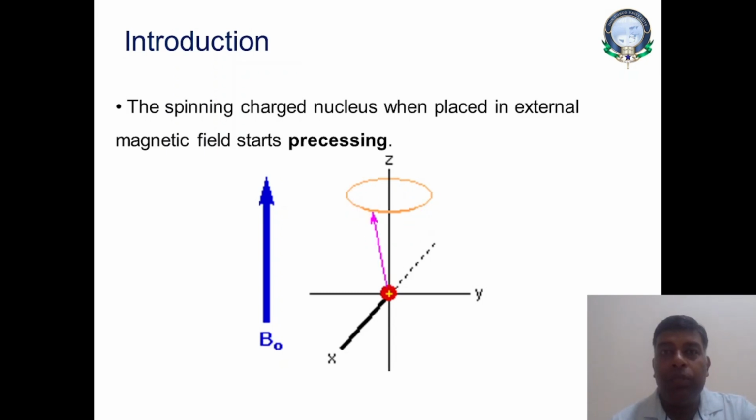When this nucleus, precessing in an external magnetic field, is irradiated with radio frequency waves, it absorbs the frequency equivalent to the frequency of its precession. When it absorbs that frequency, a transition occurs.